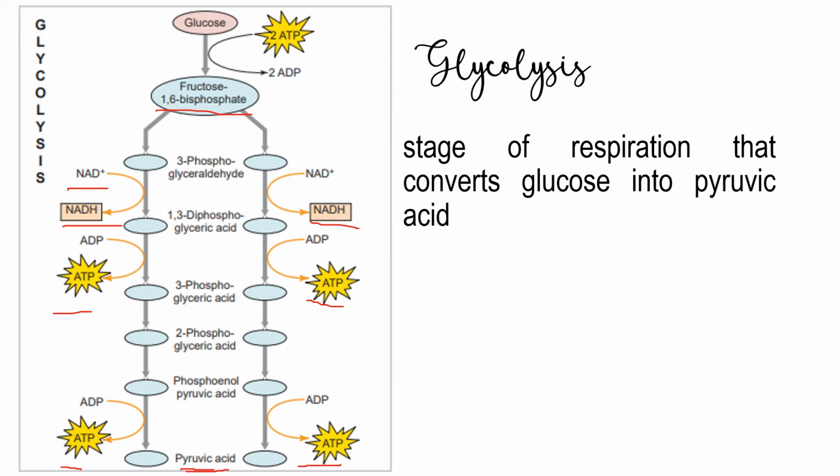Recalling that 2 ATP molecules were used to prime the glucose initially, the net yield at this point is 2 ATP molecules. The 10 enzymatically catalyzed reactions in glycolysis can be summarized as glucose plus 2 molecules of ADP plus 2 molecules of inorganic phosphate plus 2 molecules of NAD+, which will form 2 pyruvic acid plus 2 NADH plus 2 ATP.